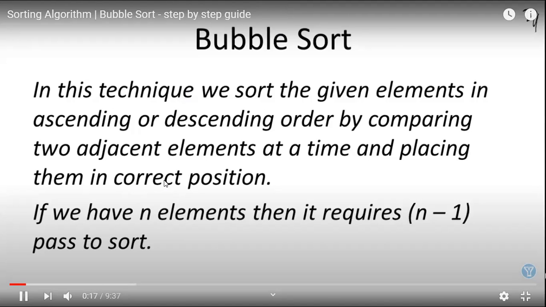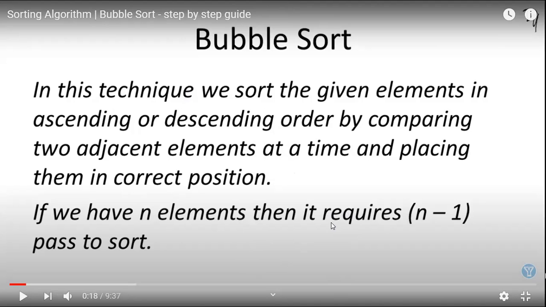One more important point: how many passes do we need to complete this sorting algorithm? Each and every algorithm needs different counts of comparisons or passes. That is based on the algorithm. It is not mandatory that all algorithms follow the same flow.